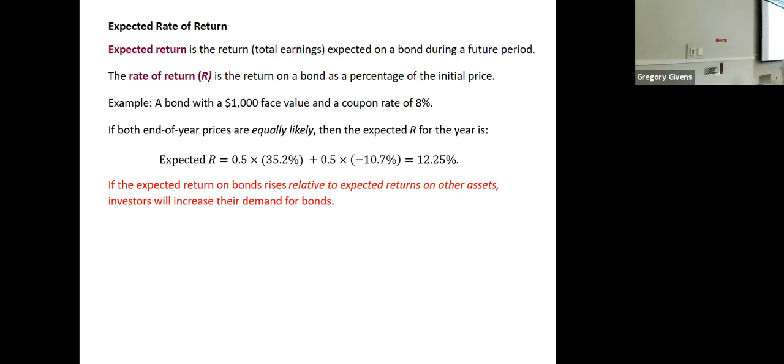Here's a question I'll ask you. I don't have this in the slides exactly, but what if investors suddenly thought that expected returns in the stock market were going to go higher, but expected returns in the bond market are expected to be stable, not changed? What do you think happens to the equilibrium price of bonds and interest rates? That's what we're interested in here.